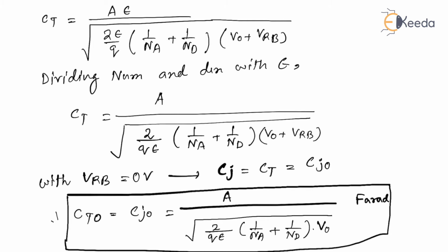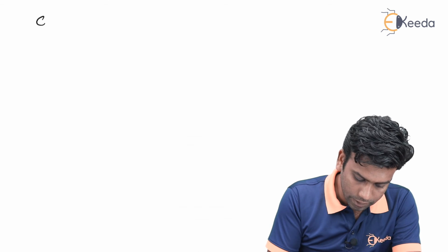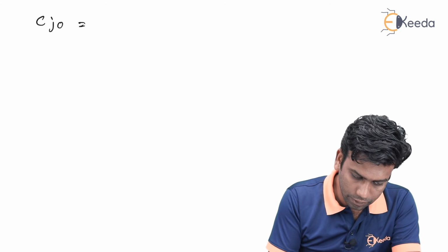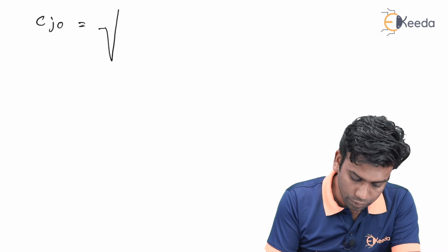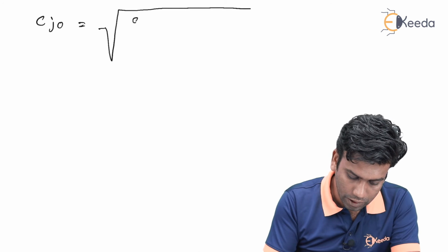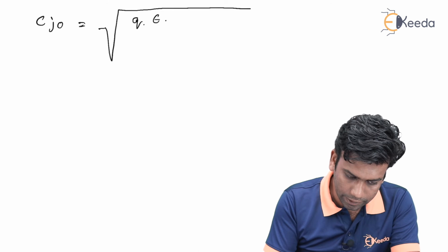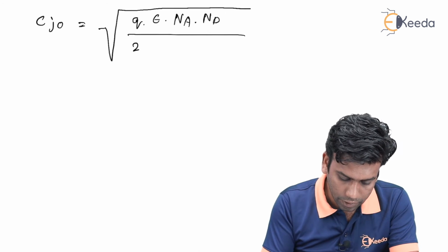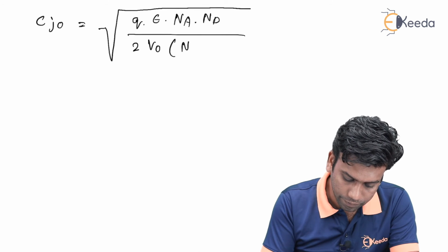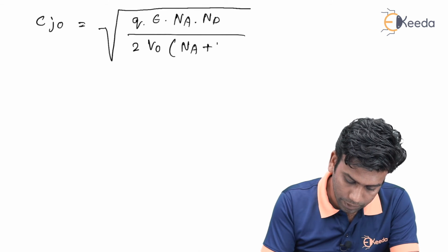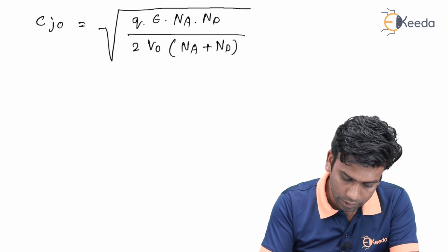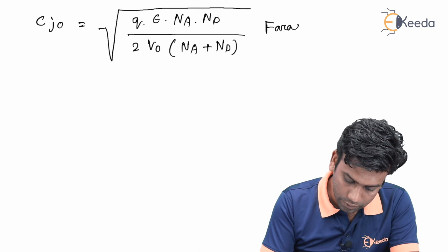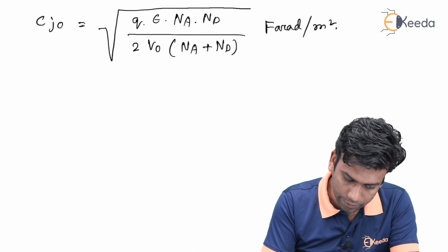Now, Cj0 can also be expressed in farad per meter square, where Cj0 is equal to root over of q epsilon Na Nd divided by 2 V0 into Na plus Nd, and this is in farad per meter square.